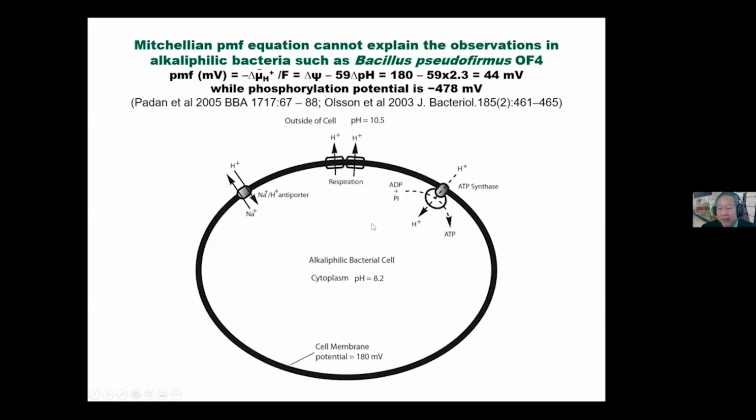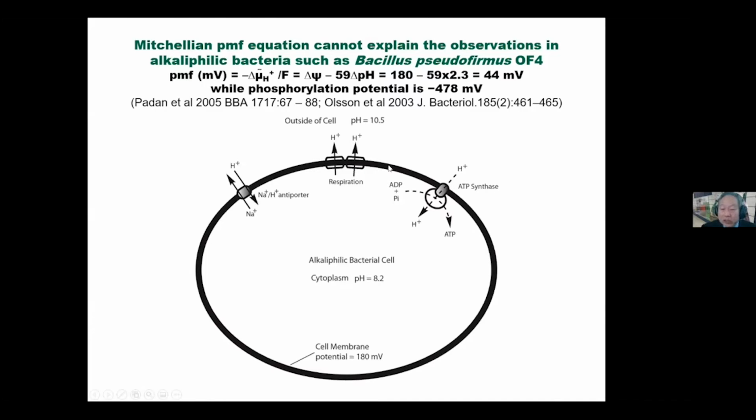These bacteria can grow at pH as high as 10.5, even 11. These are experimental measurements, published data that people measured over the last 30 years. Inside the cell, the pH is 8.2.